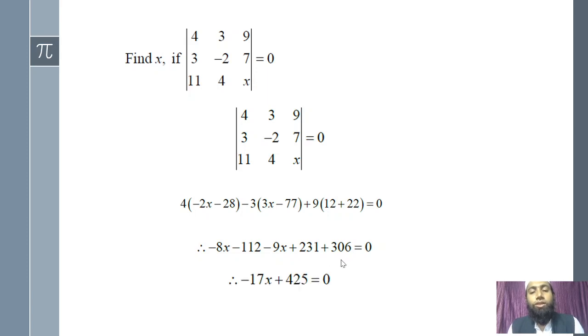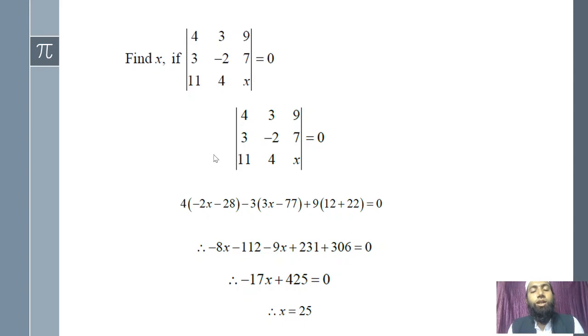If we simplify further, collecting the x terms in one place and simplifying the remaining terms, we are getting this term, and only x is what we require. So just take 425 to this side and divide that by 17. So we are getting 25.